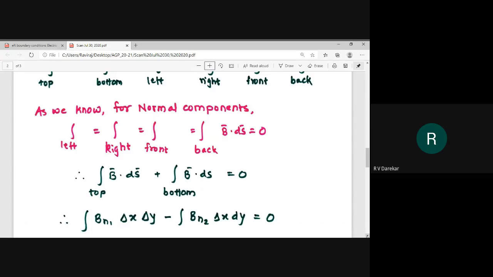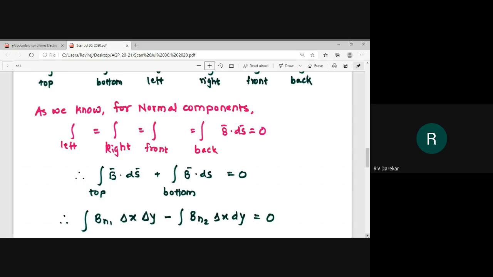Rewriting the required equations, b bar on the top surface is Bn1, and delta x into delta y are the surface values, as we know that delta x is the length and delta y is the breadth of the surface. In a very similar way, for the Bn2 magnetic flux density, we can write Bn2 into delta x delta y.